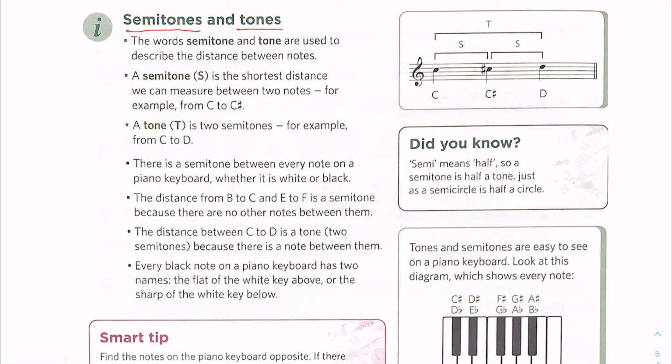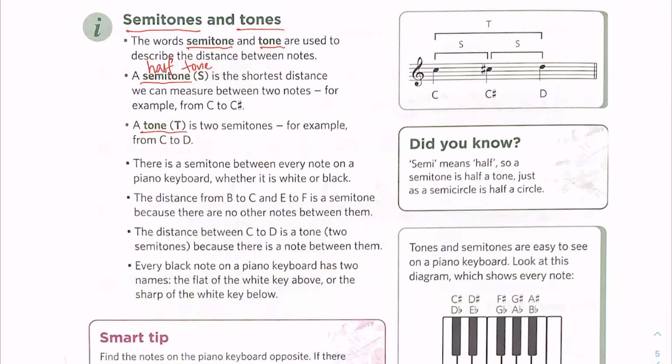Semitones and tones. The words semitone and tone are used to describe the distance between notes. A semitone is the shortest distance we can measure between two notes, for example, from C to C sharp. Semi, just like a semicircle, means half. So sometimes we call it a half tone.